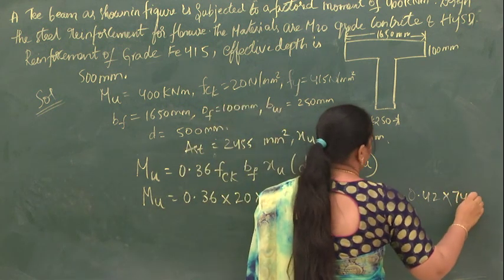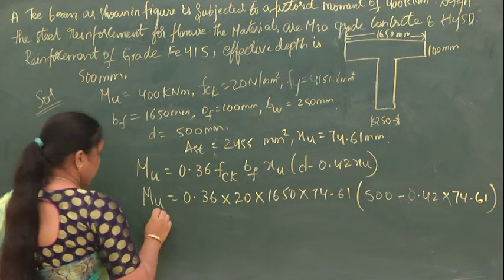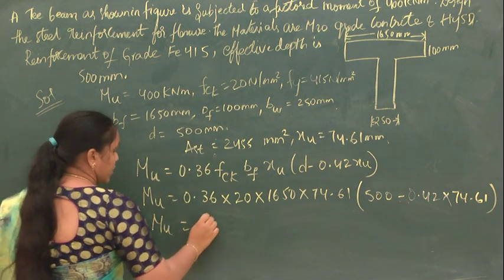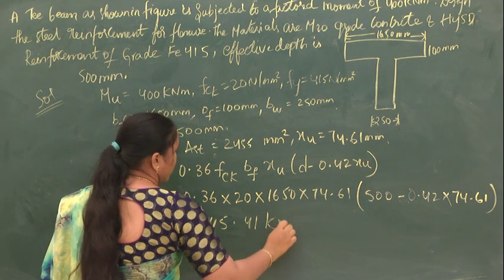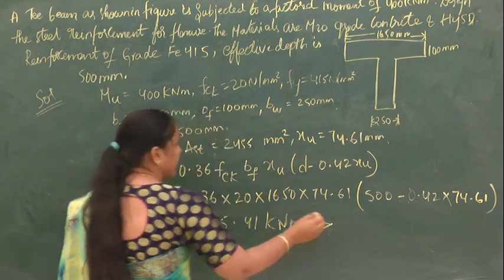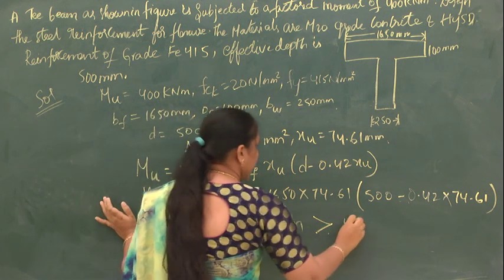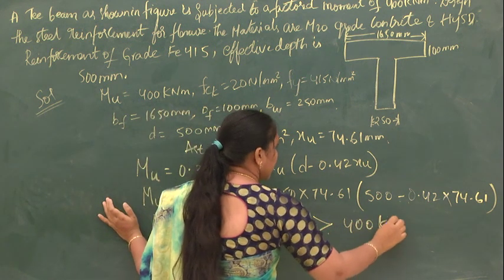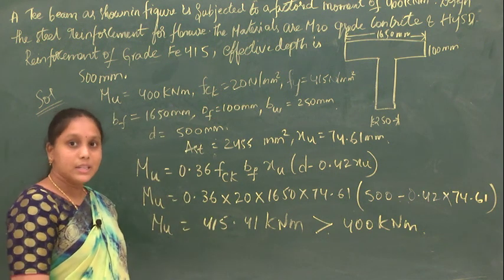XU is 74.61 mm. So if you solve this, you will get a value of Mu equal to 415.41 kilonewton meter, which is greater than the moment which has to be carried, which is 400 kilonewton meter.